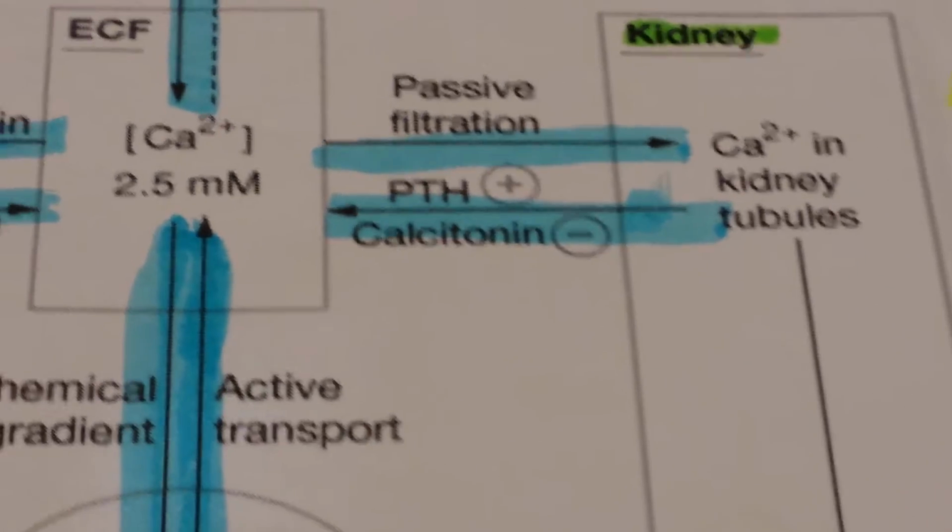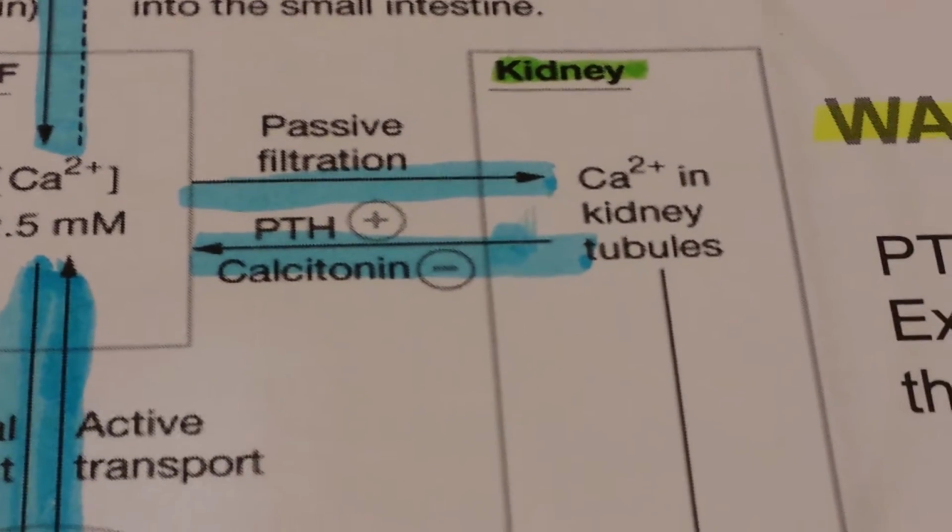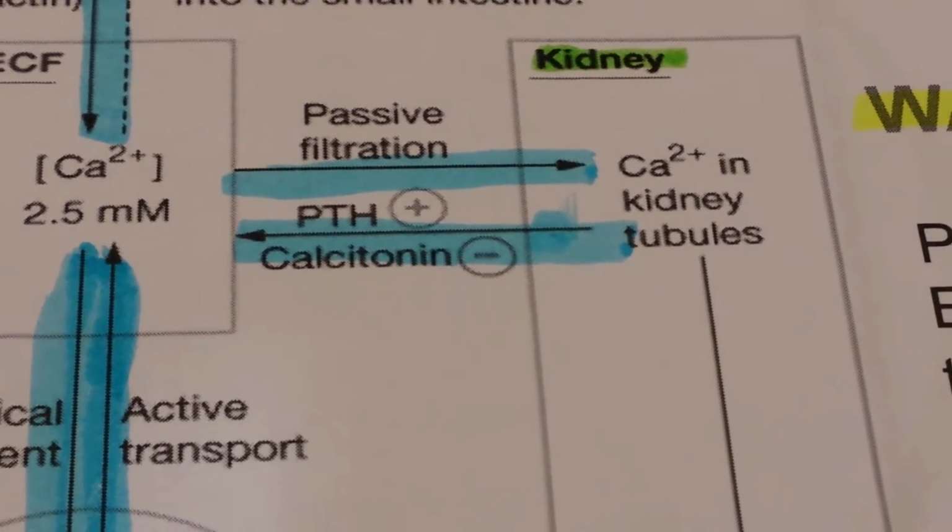Passive filtration of calcium ion occurs in the kidney tubules, and PTH has a positive effect, calcitonin an inhibiting effect.